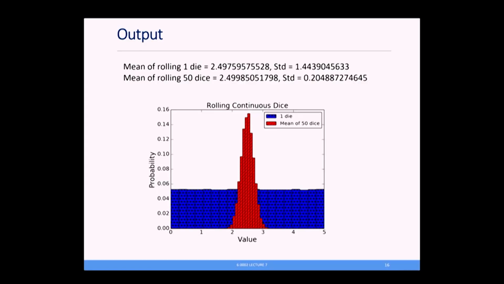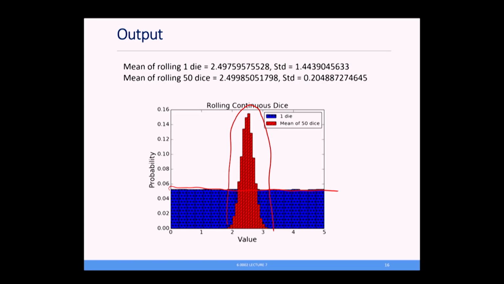More importantly, what we see here is that the probability is flat for all possible values between 0 and 5 for a single die. But if we look at the distribution for the means, it's not quite Gaussian, but it's pretty close.